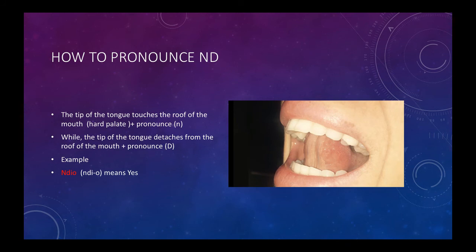Pronouncing ND as in ND in end with more of a stress on the tongue. The tip of the tongue touches the roof of the mouth while pronouncing N. When detaching the tongue from the roof of the mouth, pronounce D. Ndiyo. Ndiyo in red means yes. Try again. Ndiyo.